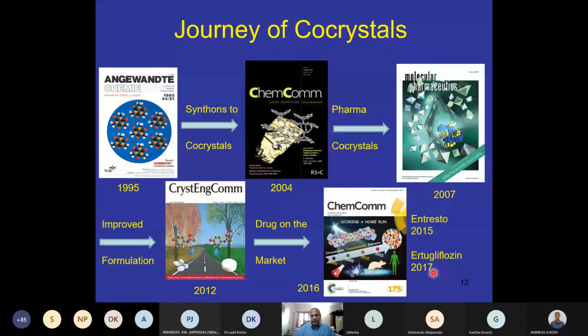market or are in development pipeline, which have been developed using a rational crystal engineering approach. I would draw a line between the co-crystal salts which are developed using crystal engineering approaches and the mere salts which were already there in the pharmaceutical industry. The most preferred form of a drug formulation is the salt.